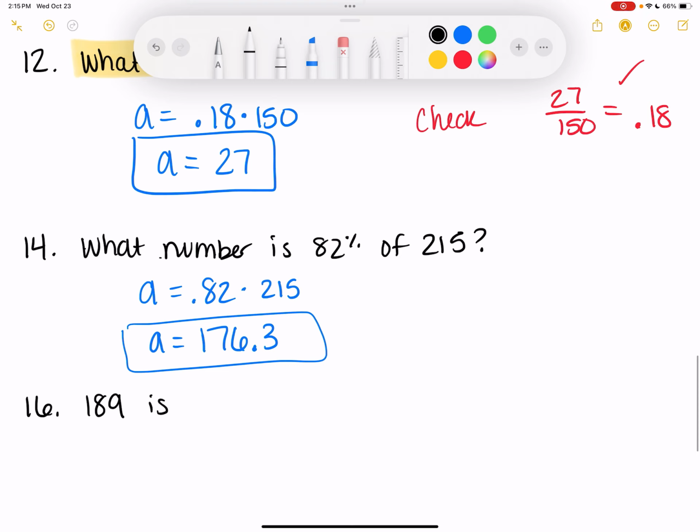189 is 90% of what number? So what am I solving for this time? Base. Yep, the base is of what number?